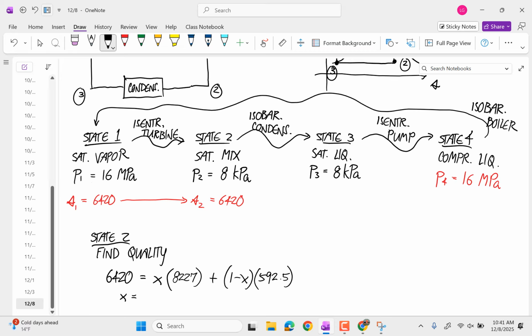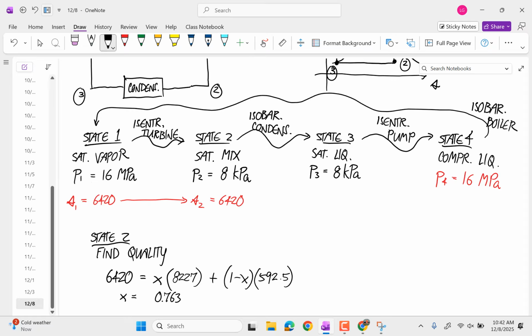And I get 0.763. So at state 2, what percentage of this mass is vapor? Yeah, right. So 76.3% is vapor, the rest is liquid.